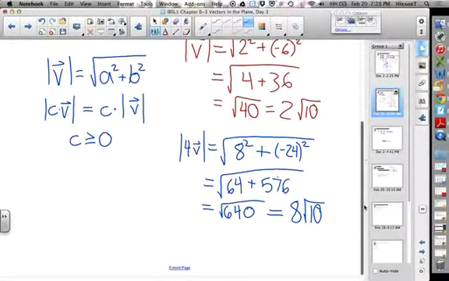Now, this is also a kind of easy one to prove. So let's actually work through this here. If I'm finding the magnitude of c times v, remember we said it was ca and cb. That was the vector we got. So cv is (ca, cb).